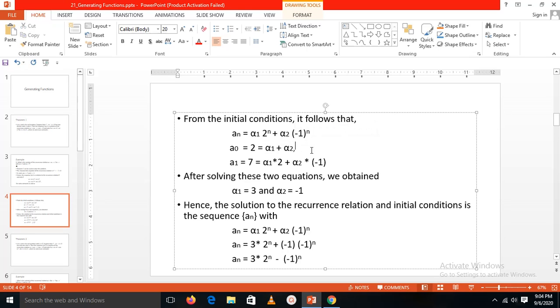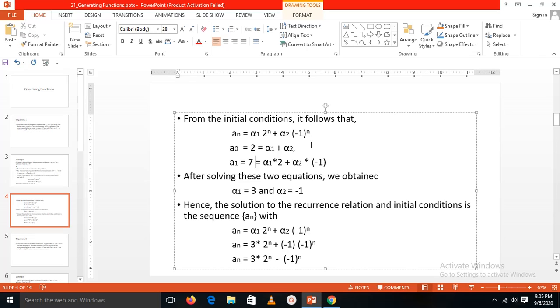Understood? Now similarly, the second initial condition is A1 equal to 7, given in the question. By putting n equal to 1, we get A1 is equal to alpha 1 times 2 raised to 1, and 2 raised to 1 means 2. So 2 alpha 1 plus alpha 2 times minus 1 raised to 1.